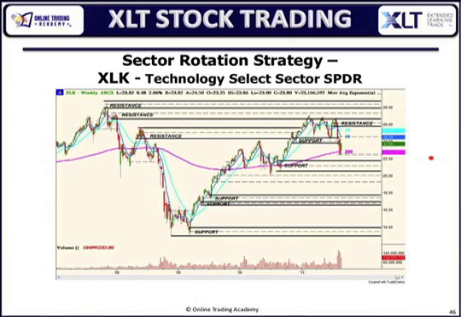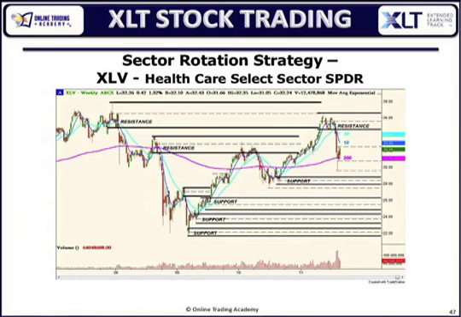So that area of resistance that's coming up here at 26 isn't that far away. So taking a breakout up to that resistance area doesn't really give you very much upside. So if you're going to do that, you may want to buy enough time for that to possibly happen because it could take several weeks. We could have some backing and filling, especially if we have another non-farm payroll that disappoints.